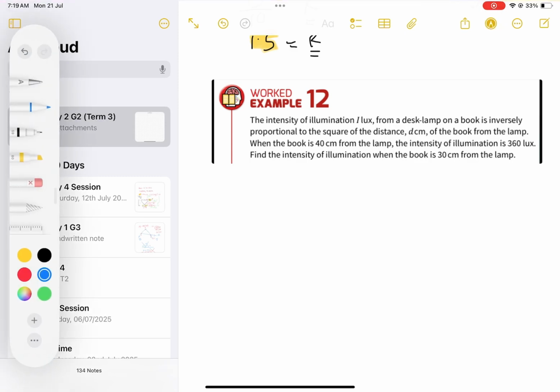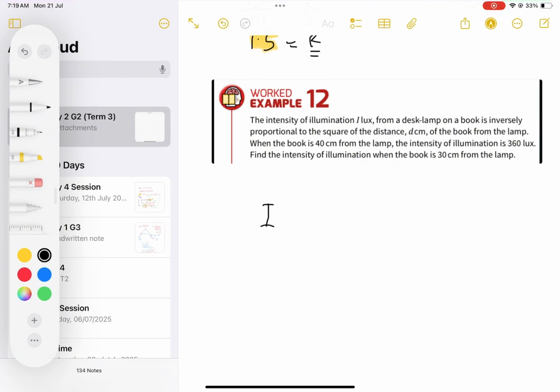Okay, so now we have it. So what does it say? I lux. So just take the I. I is the variable that we want. As we all know, whatever is mentioned first will always be on the left.